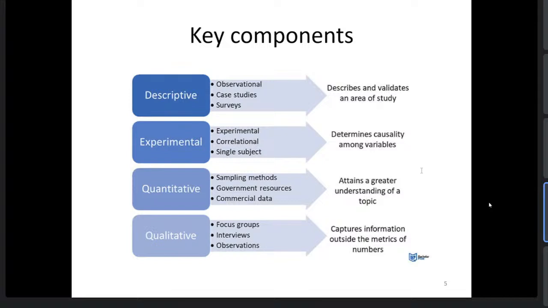In this case, we attain a greater understanding about any particular topic. It may also be qualitative research that focuses on groups and observations, and we capture information outside the metrics of any used methods. Now, move to the next slide.